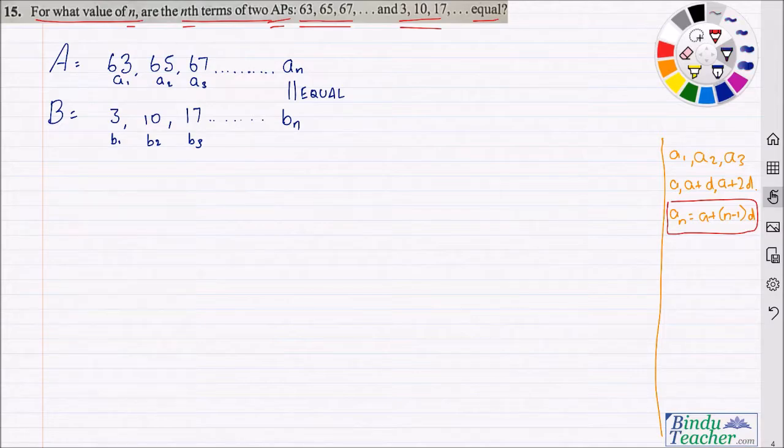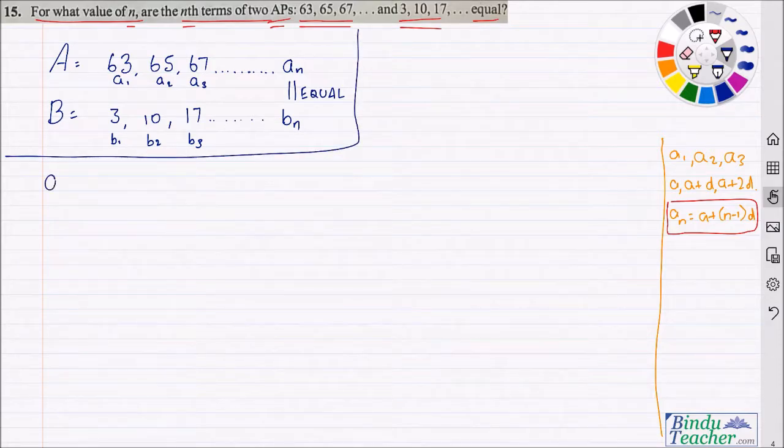So here, let me start with the first arithmetic progression. I'll write A of n equals A plus n minus 1 into D. Now we do not know what A of n is, so I'll write A of n as this. A is the same as the first term, which here is 63.